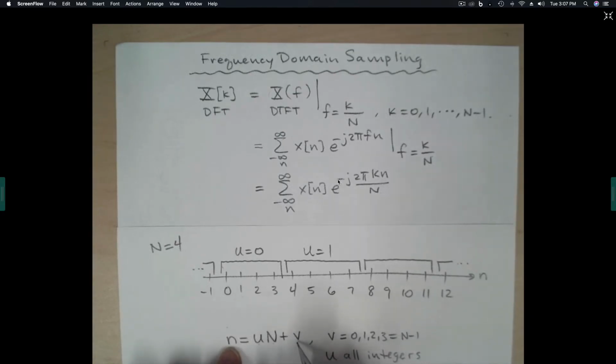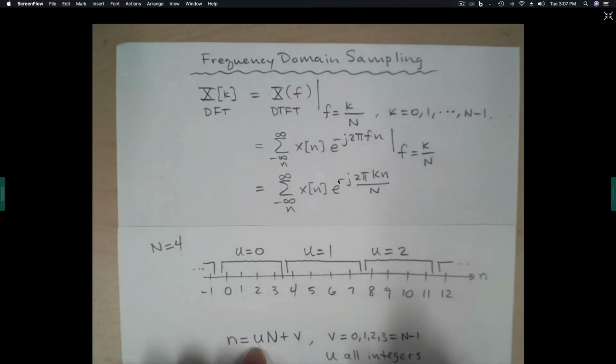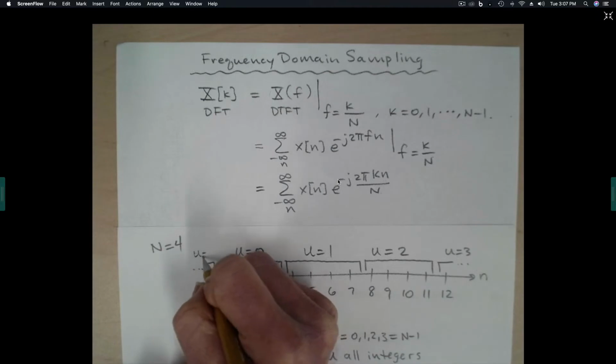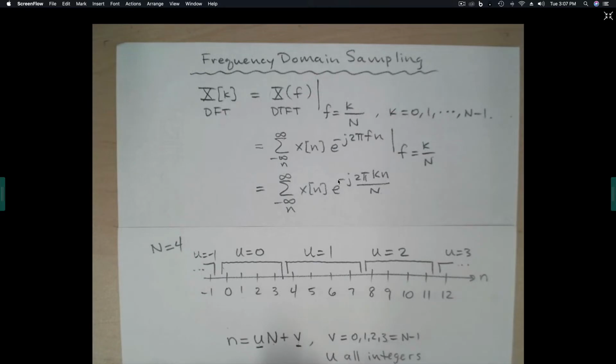So n takes on the values 4, 5, 6, 7 as v takes on the values 0, 1, 2, 3 for u equal 1. And then similarly here, this is the u equal 2 block, the u equal 3 block. Back here is the u equal negative 1 block. So this is a blocking change of variables where the blocks are indexed by u and the sample within the block is indexed by v.